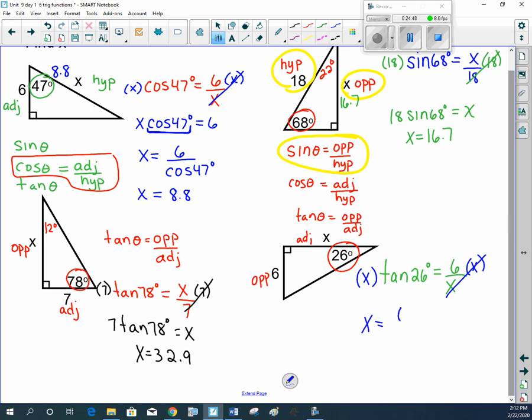So x equals 6 divided by the tangent of 26 degrees, and that's about 12.3. So that adjacent side turns out to be about 12.3. Okay, so just depending upon what the given side is, that's how you decide what trig function to use.